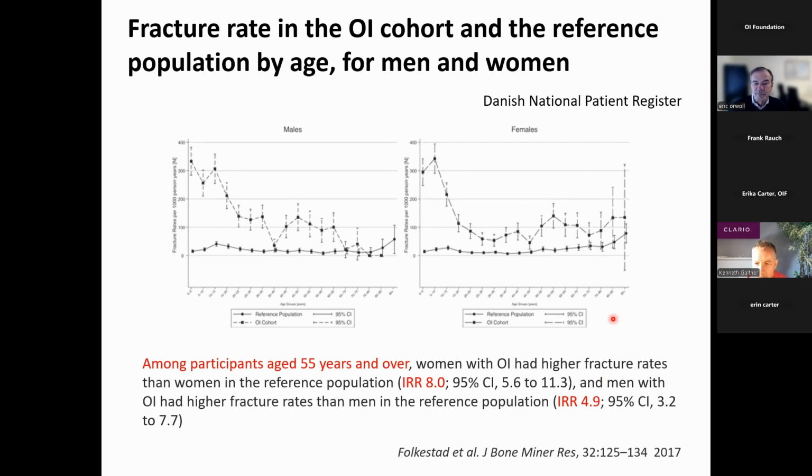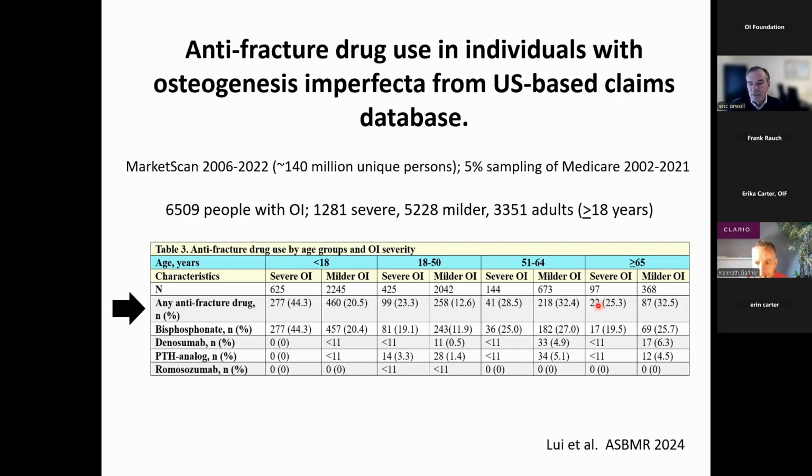The second thing, let me highlight, is from a poster presentation my colleague Winnie Liu gave a few weeks ago at the ASBMR meeting in Toronto. Basically, what Winnie did was to use a large claims database, the MarketScan database, which includes records from 150 million people.